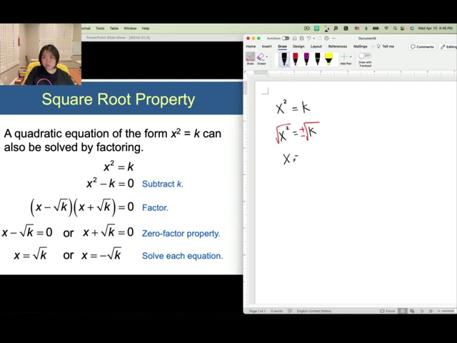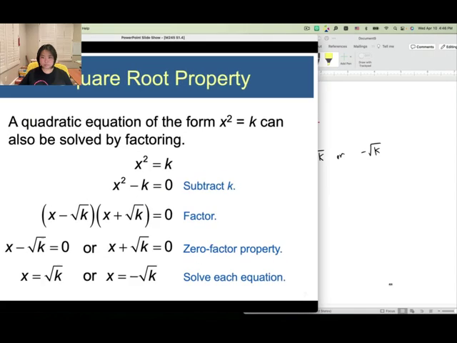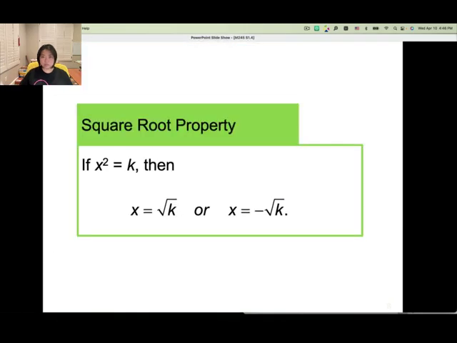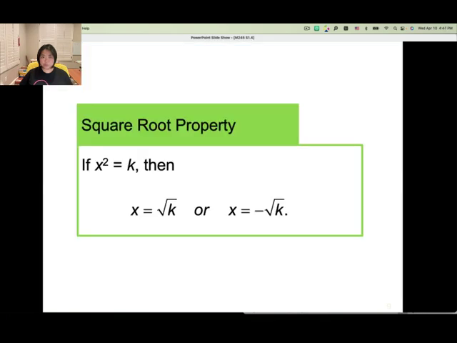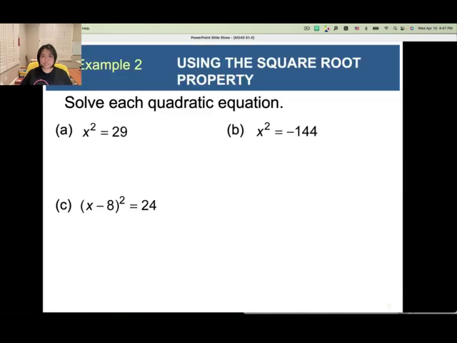So my x is equal to positive square root of k or negative square root of k, just like the other method. So this is the square root property: plus or minus the square root of k. You can apply the square root property and then work on example 2.